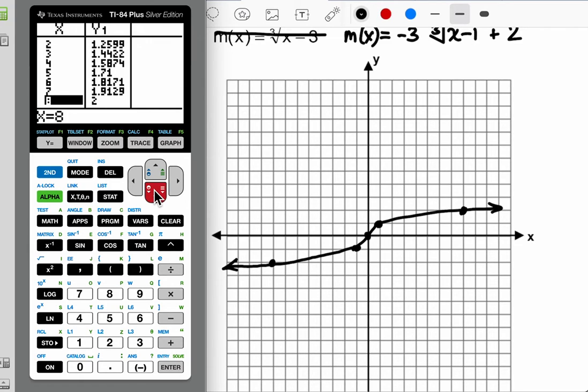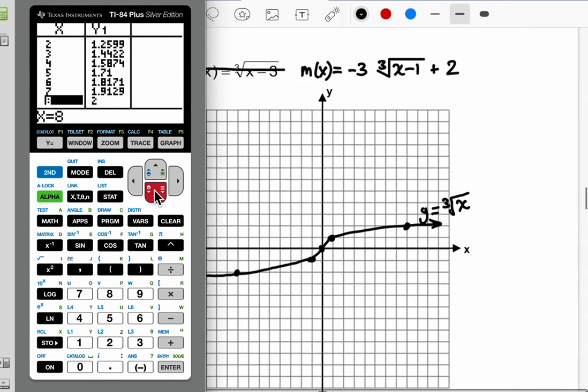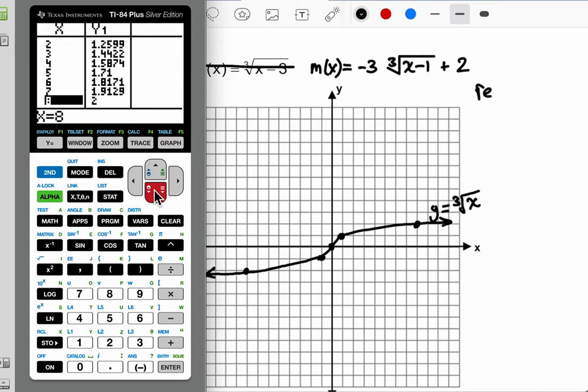All right. So same thing I did with the previous problem, except I didn't take the points for granted. I'm a little iffy on what the points are, so I just chuck it in my calculator. All right. But I have a reflection over the x-axis. I have a stretch factor of 3.